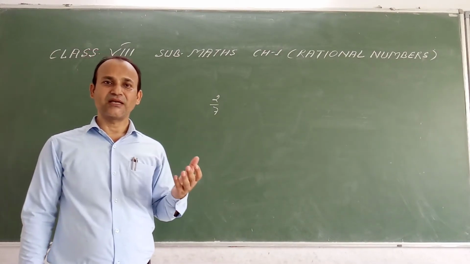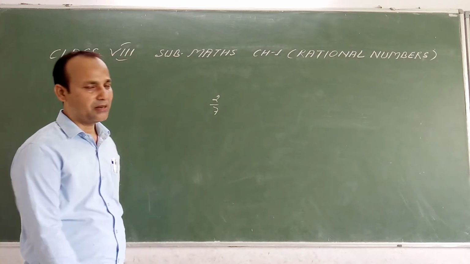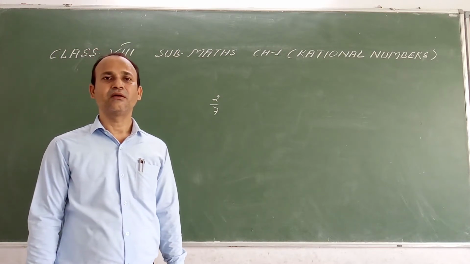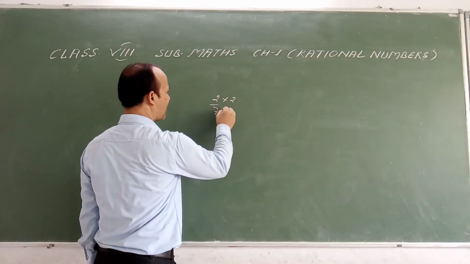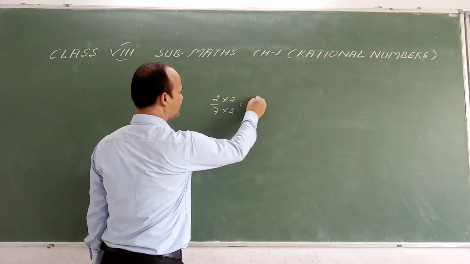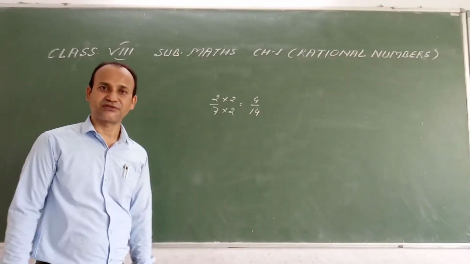For finding more rational numbers, how can you find? It's a simple method. Multiply the numerator and denominator by 2, both sides. That will be 4 upon 14, its first equivalent fraction.